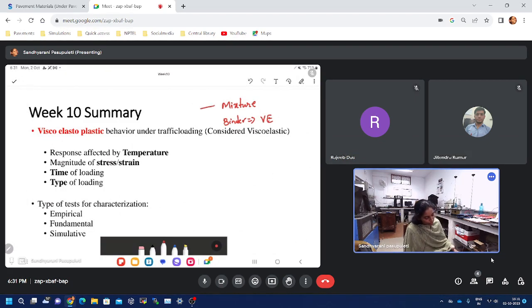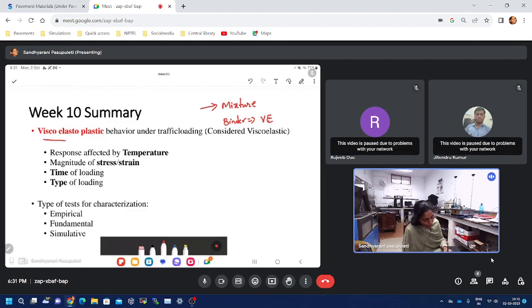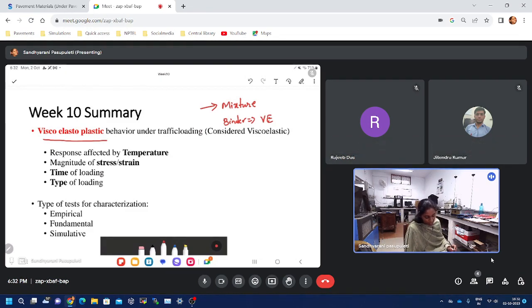But truly, the response of the asphalt mixture is viscoelastoplastic in behavior. What does viscoelastoplastic mean? Viscoelastic behavior means the response depends upon time, so if we give a sufficient amount of time, they have the ability to recover.